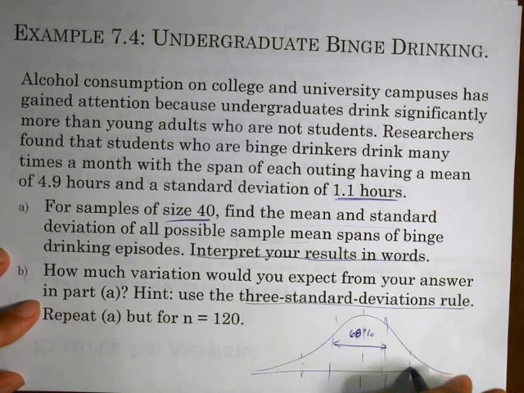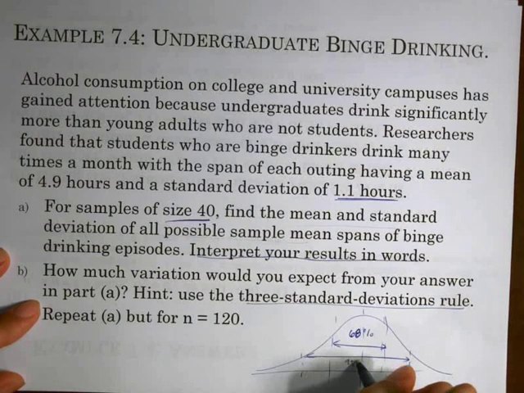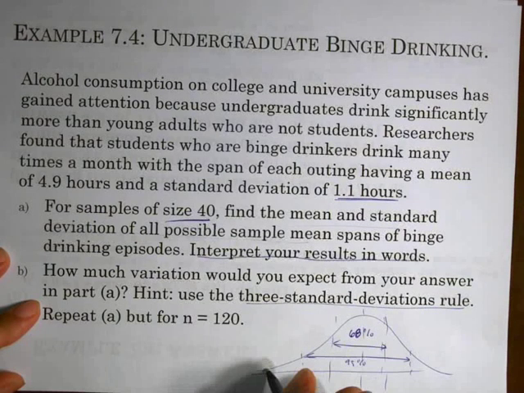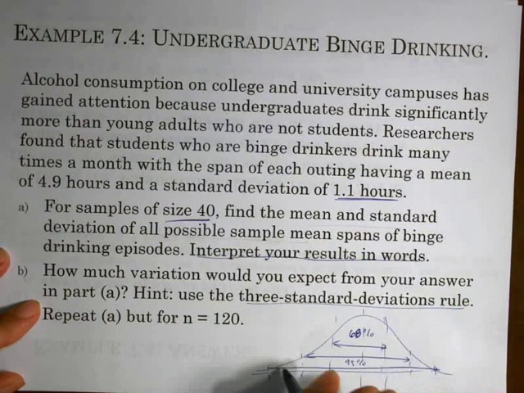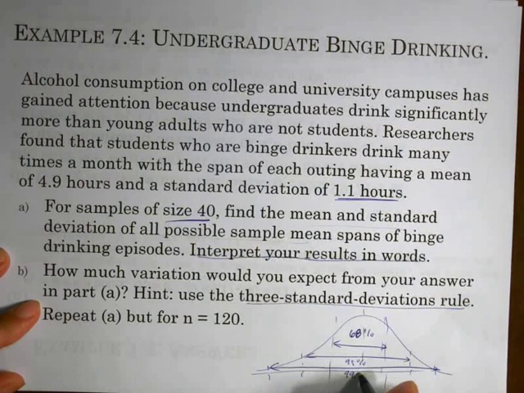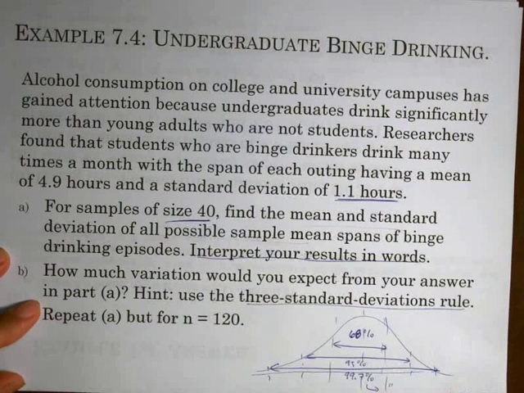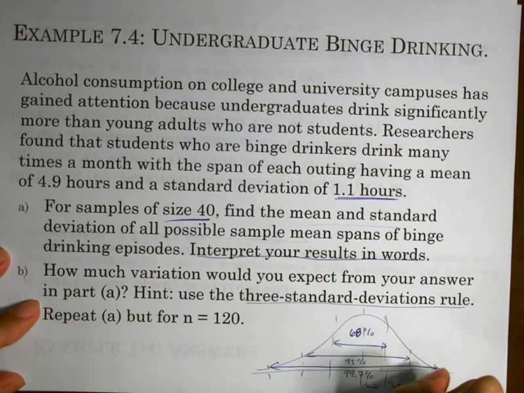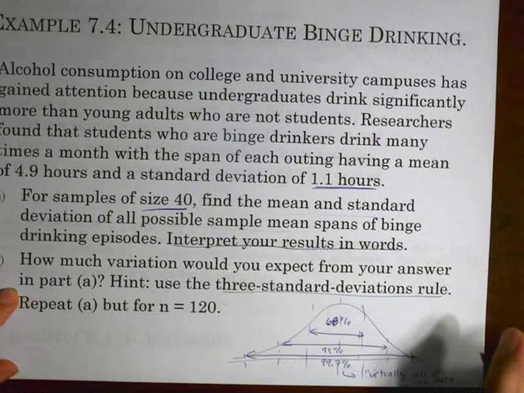That's why I usually say 2/3. 2/3 is actually 67%, but it's a nice thing to round. Within 2 standard deviations of the mean, that's 95% of the data. And within 3 standard deviations of the mean, now you're all the way out here, that encompasses 99.7% of the data. And I think the word that your book uses is that this is virtually all of the data.